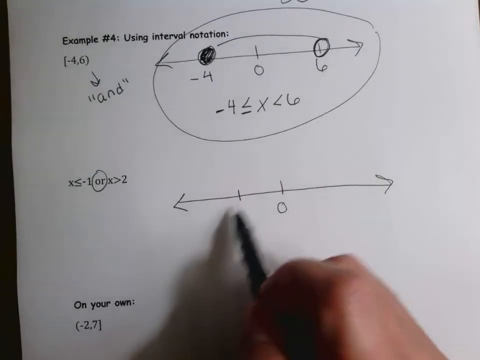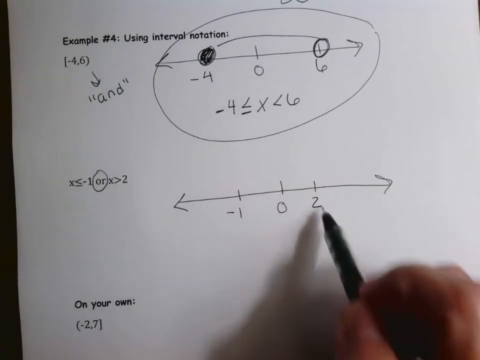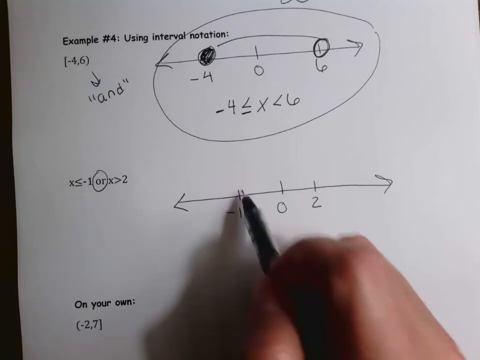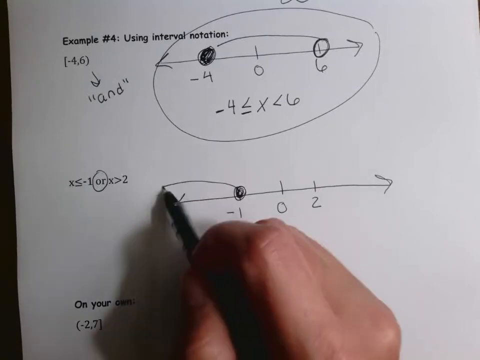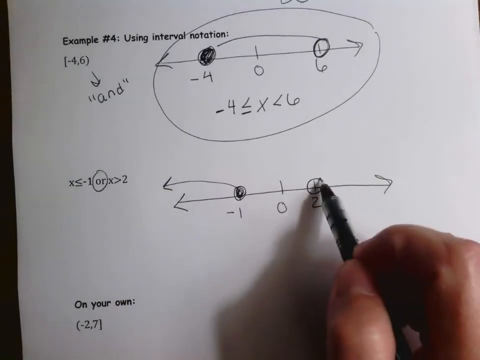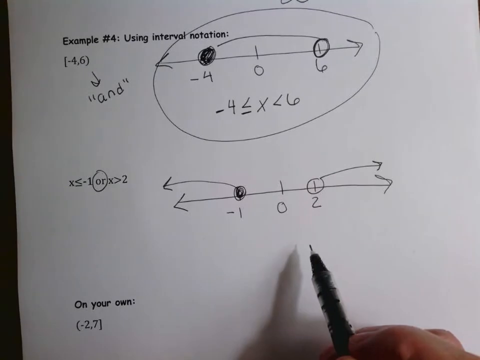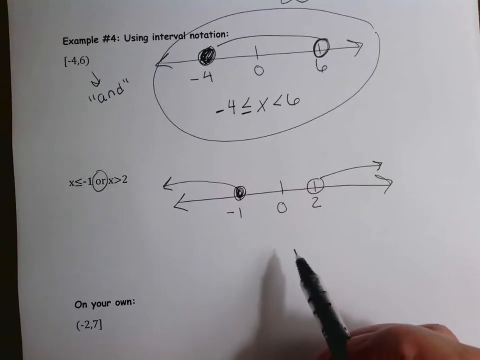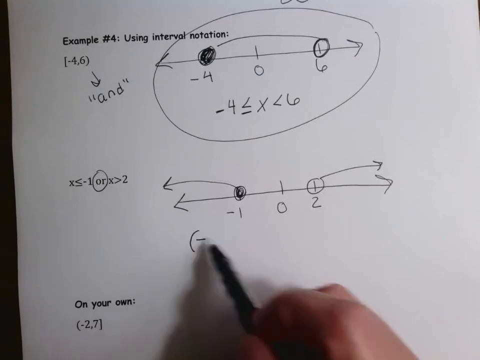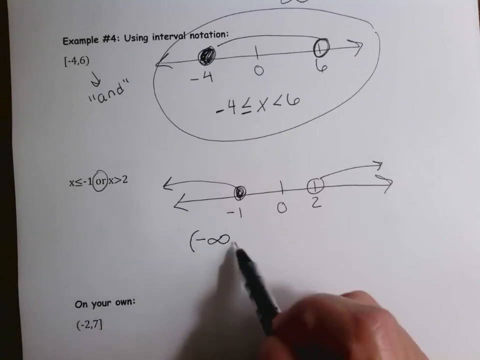So I've got -1 and 2. And so let me graph what it's saying. It's saying x is less than or equal to -1, or x is greater than 2. Well, now let me write that in interval notation. I'm going out here towards -infinity, and where am I starting?